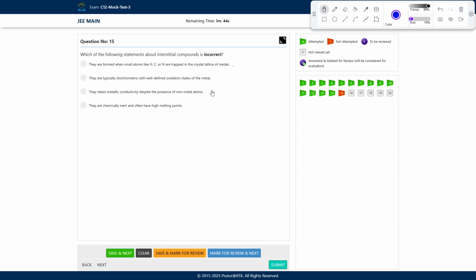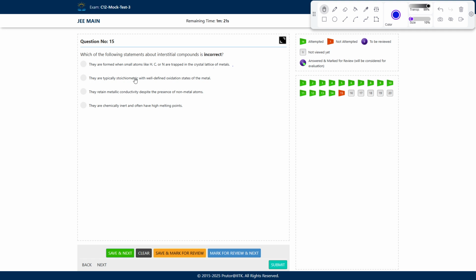This is also one of the properties shown by the interstitial compound, that in the vacant spaces the presence of non-metal atom will be there, but still they retain their metallic conductivity. Okay, so this statement is also correct. They are chemically inert and they often have high melting point. This statement is also correct due to the presence of strong bonding.